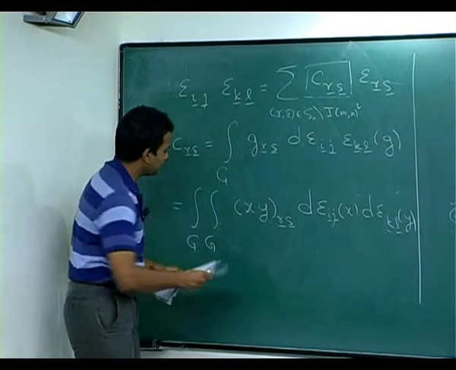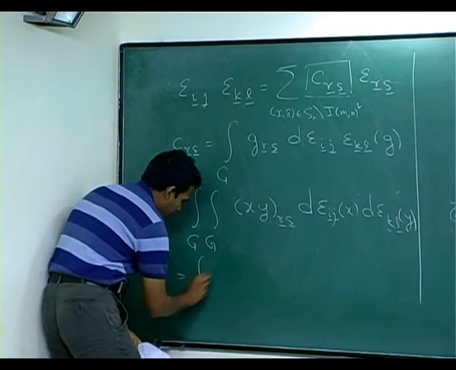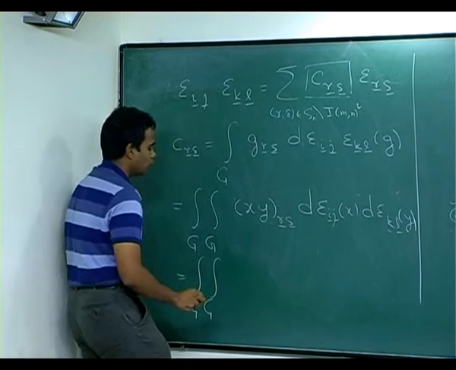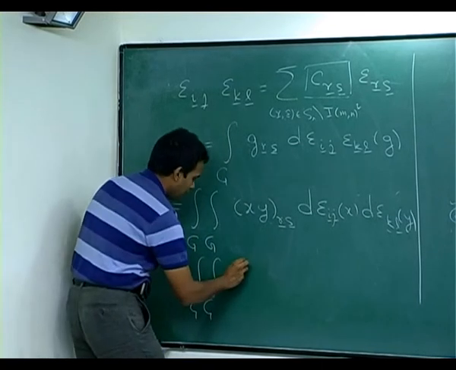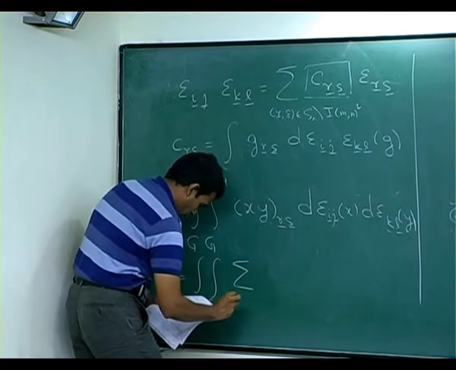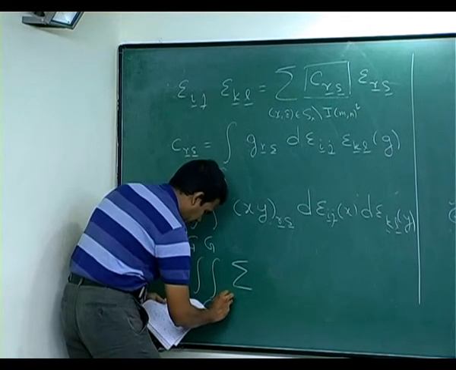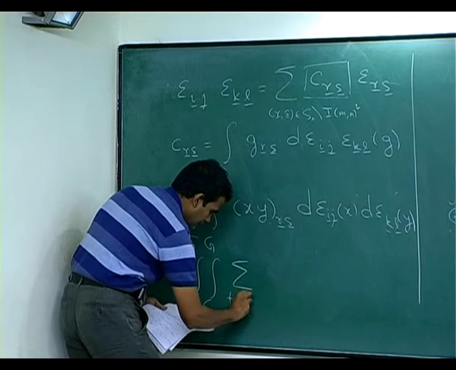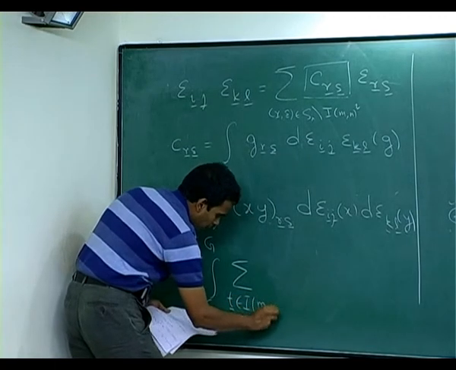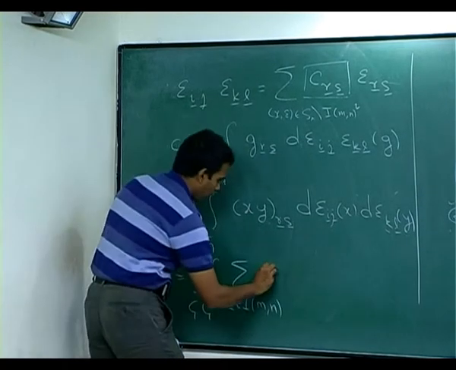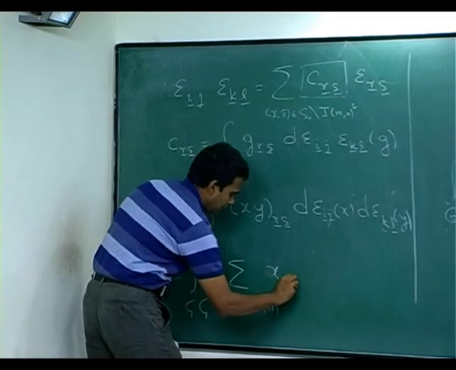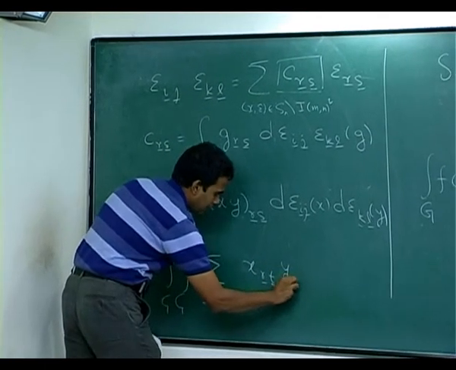Now, this is easily seen to be, just by the rule for multiplying matrices, summation over all t in I(m,n), all multi indices t, of x_RT y_TS.